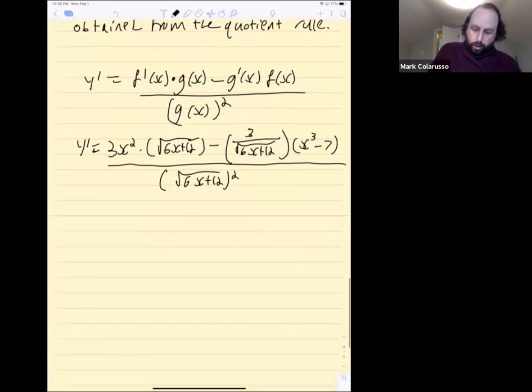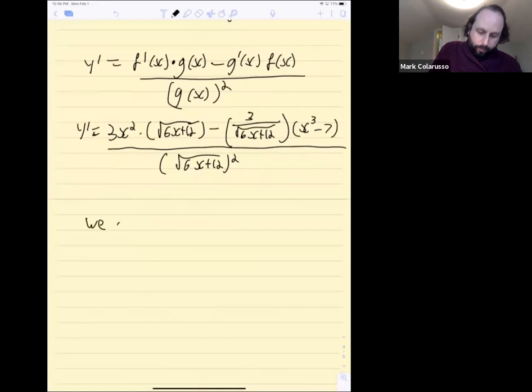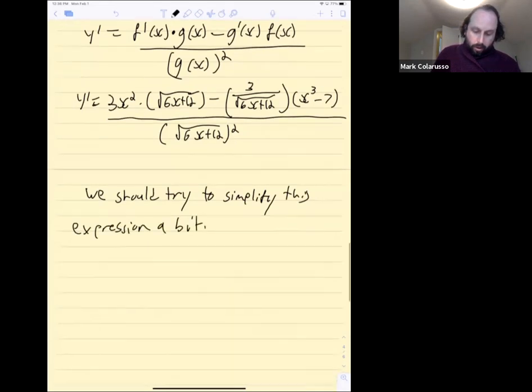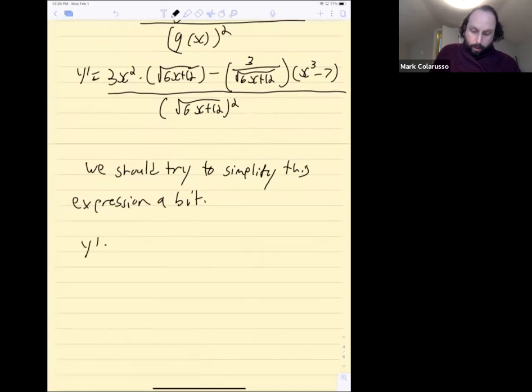Okay, so we should try to simplify this a bit. So we get y prime, 3x squared, the root of 6x plus 12, minus, and let me put this x cubed minus 7 into the numerator here.